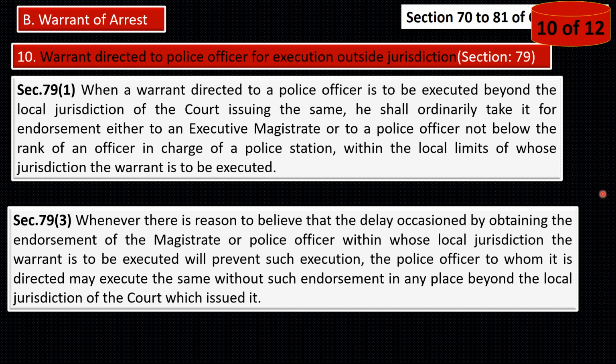It is in exceptional circumstances. So, subsection 3 of section 79 of the Criminal Procedure Code is used only in exceptional circumstances. Before we move ahead, do not forget that section 79 subsection 1 is telling us how the warrant is to be executed in a jurisdiction which is beyond their local jurisdiction.